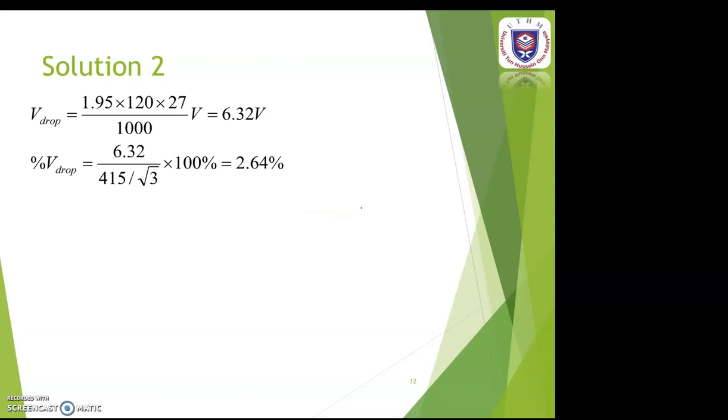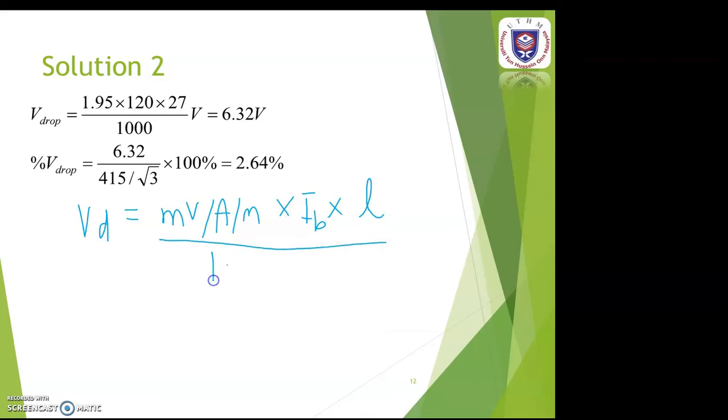So for the solution of this example, you have to first calculate the voltage drop. There is no information about the power factor, so you can use the equation: V drop is equivalent to millivolt per ampere per meter times IB times the length of the conductor, then divided by 1000.